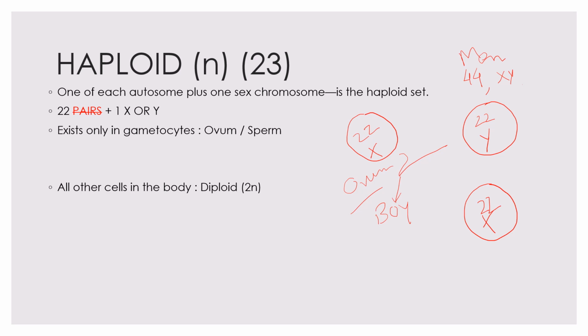But when a 22X sperm fuses with the ovum, then what will happen? A female baby, a girl will be born, right? Making the zygote, of course, diploid. And then from the zygote, everything else becomes diploid, right?